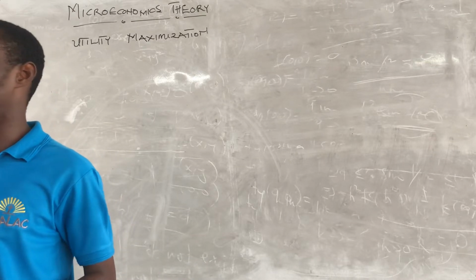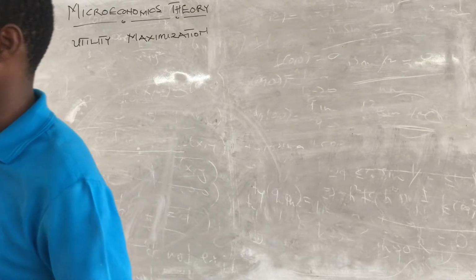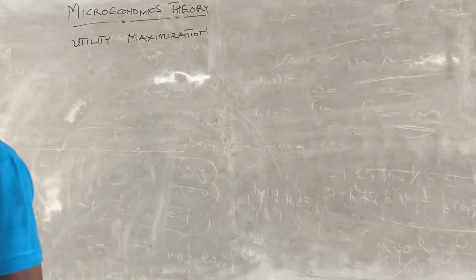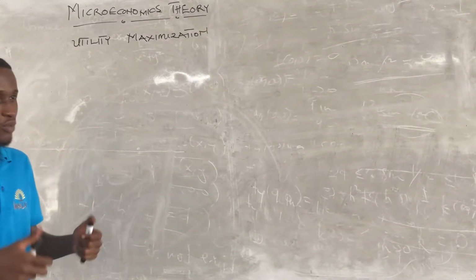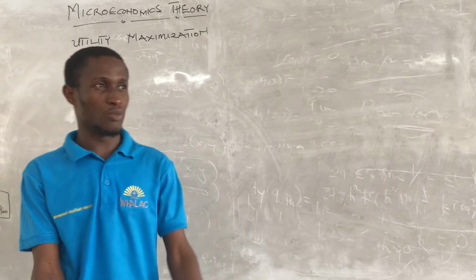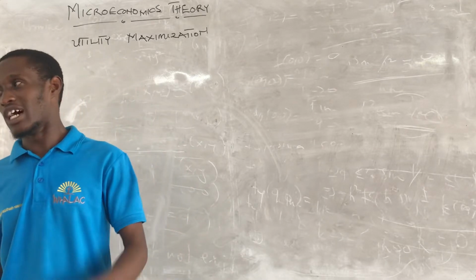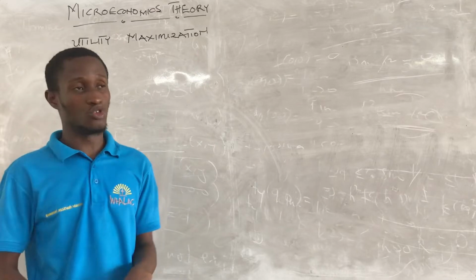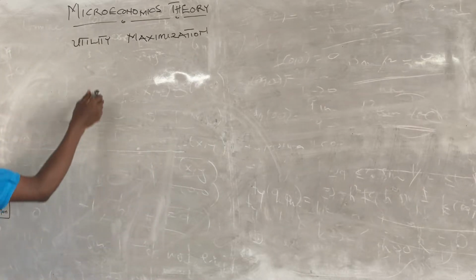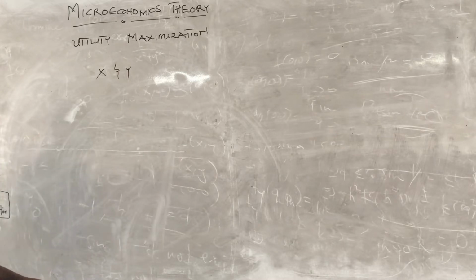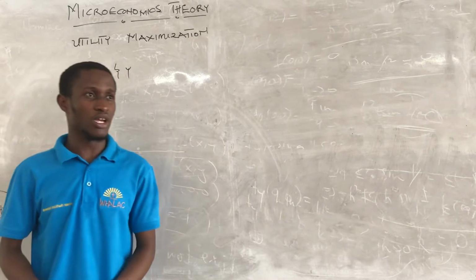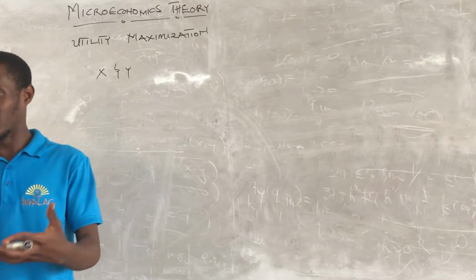Utility is believed to be the satisfaction that one derives in consuming a particular commodity. In this case, we'll assume that an individual consumes two commodities, say X and commodity Y. And we believe that you can only spend when you have something in your hands.